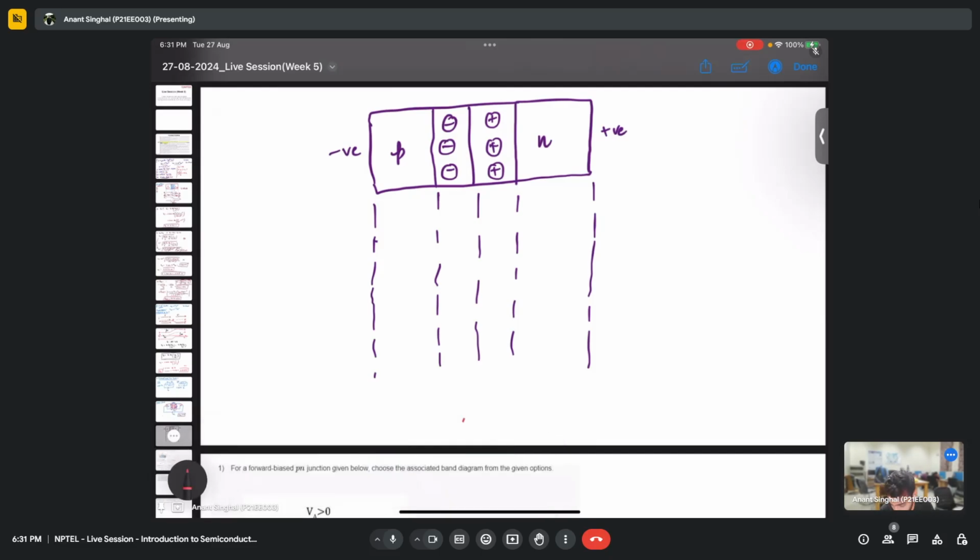Since we have a certain negative potential here and a positive potential there, the N side has more voltage, so the Fermi level will be on the lower side. Let me try to make it first. And the Fermi level of the P side will be on the higher side.